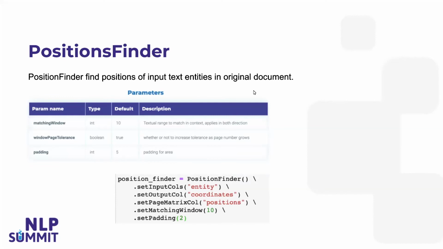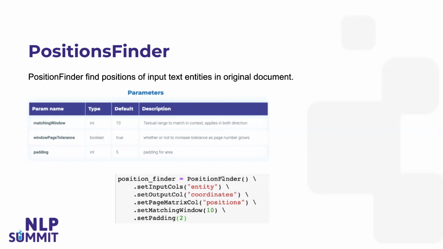Another useful transformer for de-identification is positions finder. When we extract entities using Spark NLP, we should find the coordinates of the text, and positions finder can help with it.